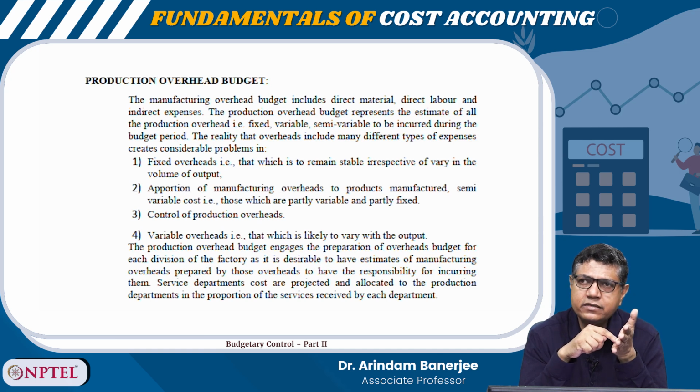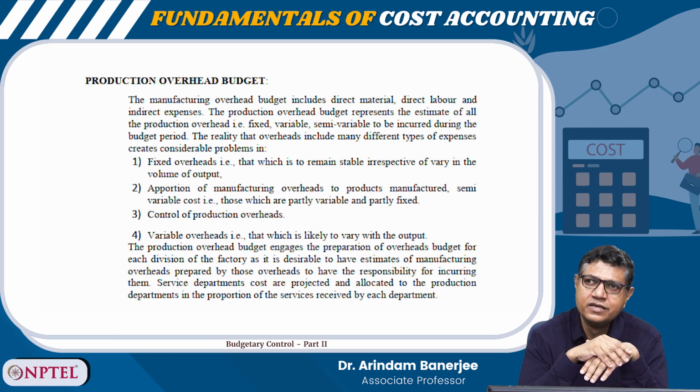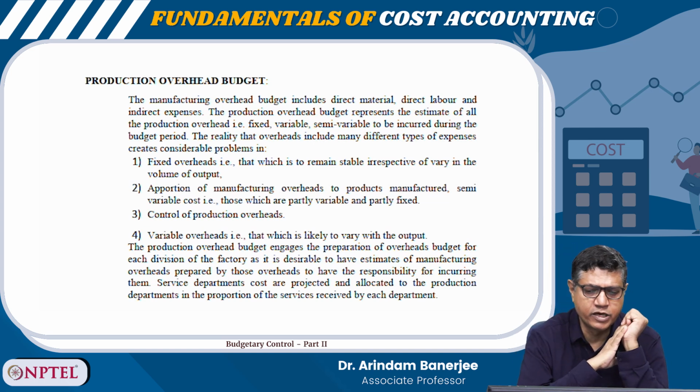So if I add these three, I get the overhead. Now, because the technology is getting advanced and the production system is becoming more mechanized, the overhead cost is becoming higher. So I need to anticipate what overhead cost we may incur in the forthcoming year if I have to achieve a certain production level.